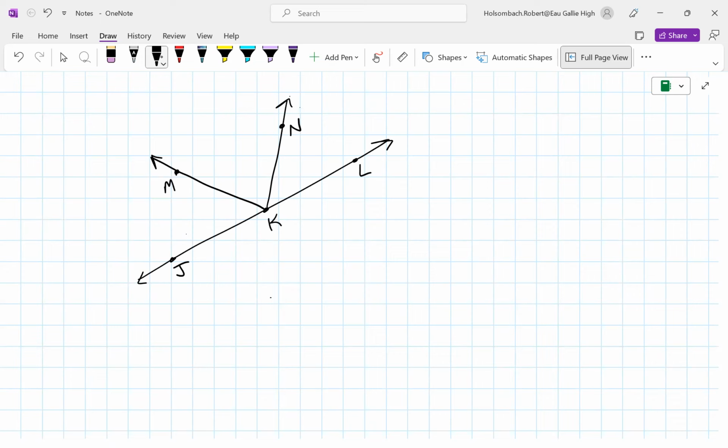If the measure of NKL, we start at N, we go to K, and we go to L, is 7x minus 9, and the measure of JKM from J to K to M is x plus 3. Find the measure of JKN. All right, we need JKN. We need the measure of angle JKN.